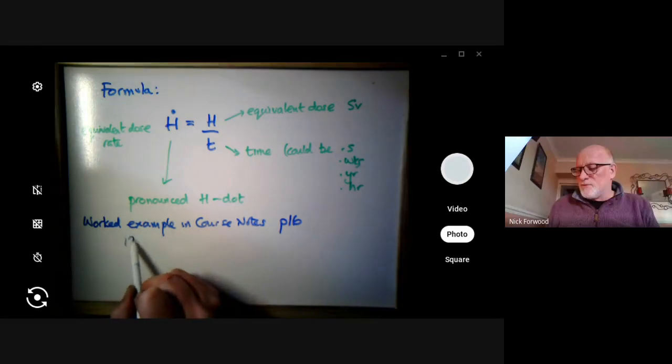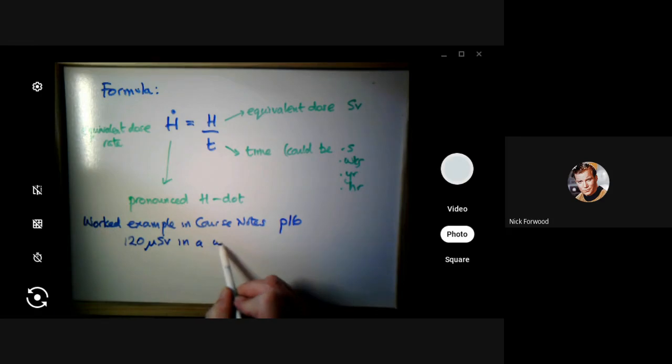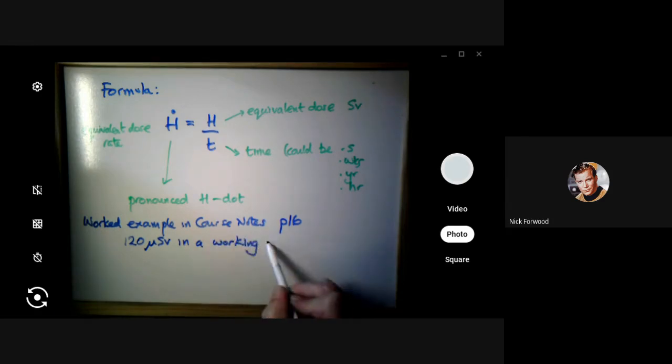It says that you get 120 microsieverts a working week. Now, I mentioned earlier, when you change it from the amount you get in a year to the amount you get in a day, I said divide by 365.